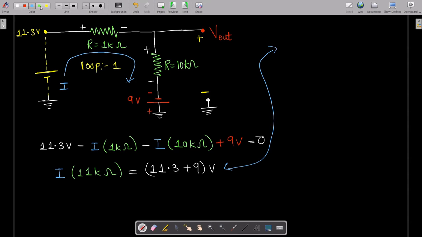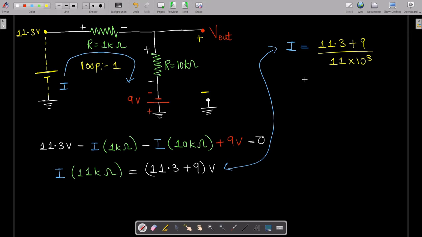So the value of I equals 11.3 plus 9 divided by 11 into 10 raised to 3. I will write the whole thing this way and then calculate the value on my scientific calculator: 11.3 plus 9 divided by 11 into 10 raised to 3.